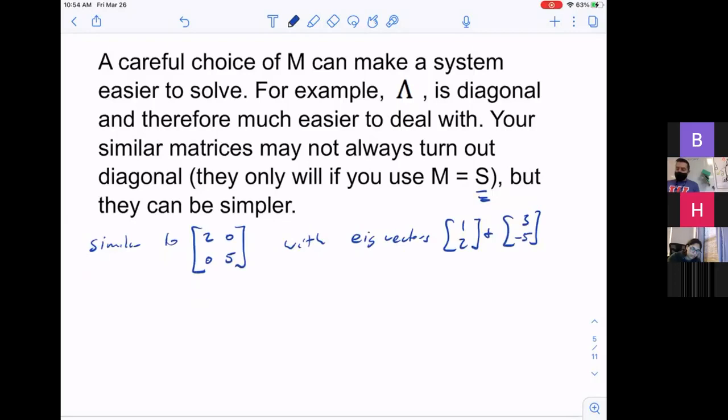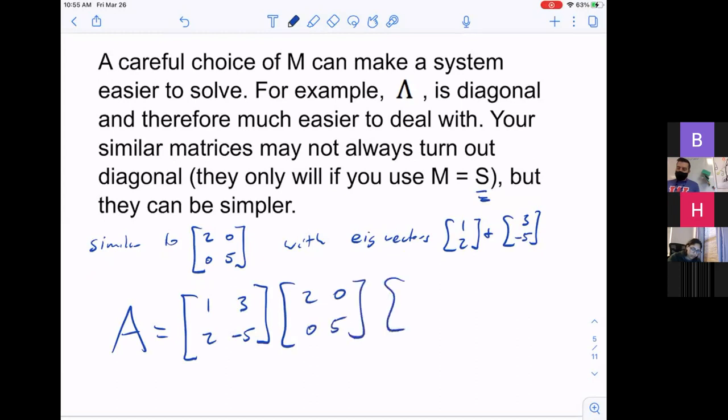Well, then I could come up with that matrix by taking my eigenvectors 1, 2, and 3, -5, putting them as columns, taking this 2, 0, 0, 5, and then taking the inverse here.